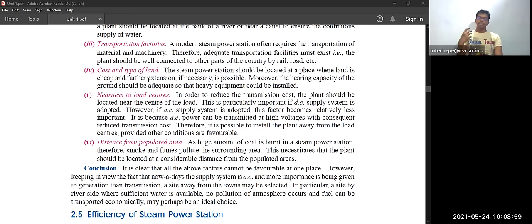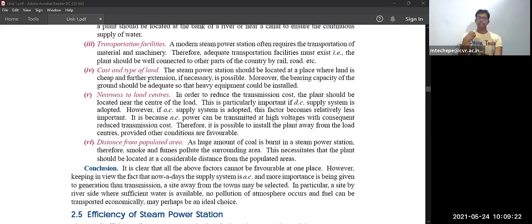If you buy it at a higher cost, then the whole construction cost of the plant goes up, and that will reflect on your tariff only.